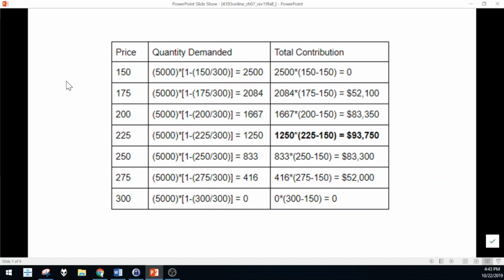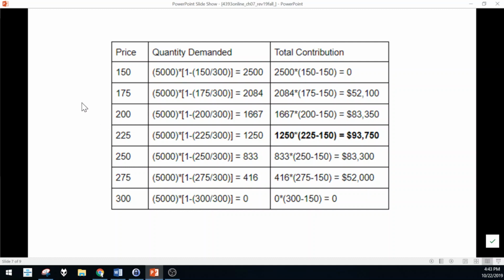You run all these calculations, you'll find out that even though the maximum quantity demanded is 2,500, the maximum total contribution comes at a price that gives a quantity demanded of exactly half of that 2,500. The maximum total contribution is going to be almost $94,000 at the price of $225.